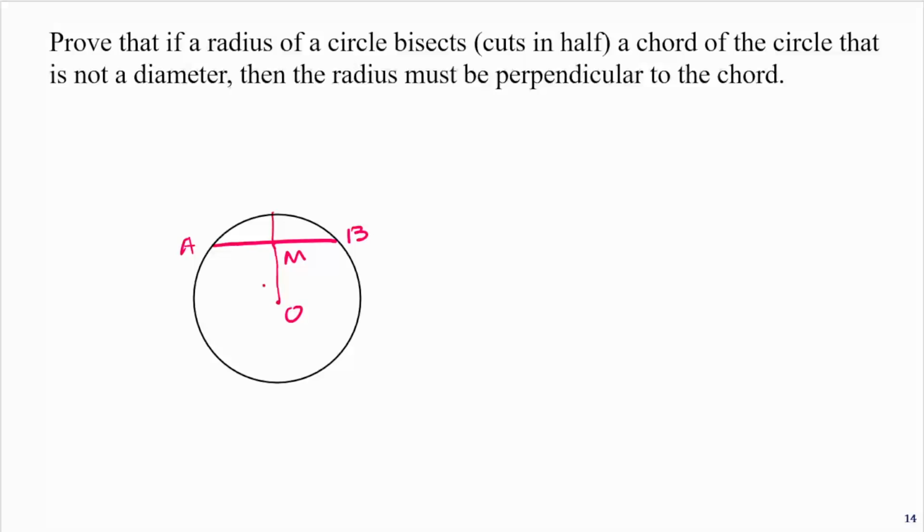We then mark the equal pieces of the chord and equal radii of the circle. Connect AO and BO. So we know AO is the radius of that circle, BO is also a radius of that circle, so AO equals BO. And because M is the midpoint of AB, we have AM equals MB.